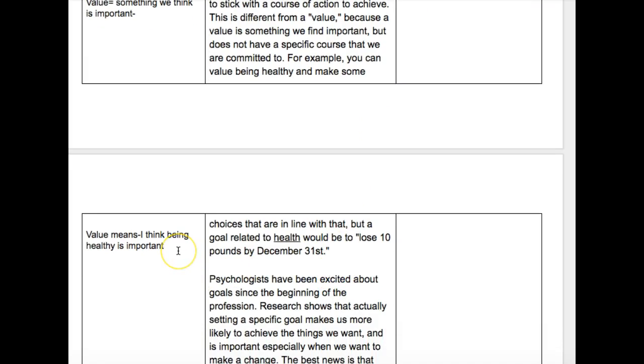But a goal means, if I say lose 10 pounds by December 31st. So a goal means I have a specific date and action.